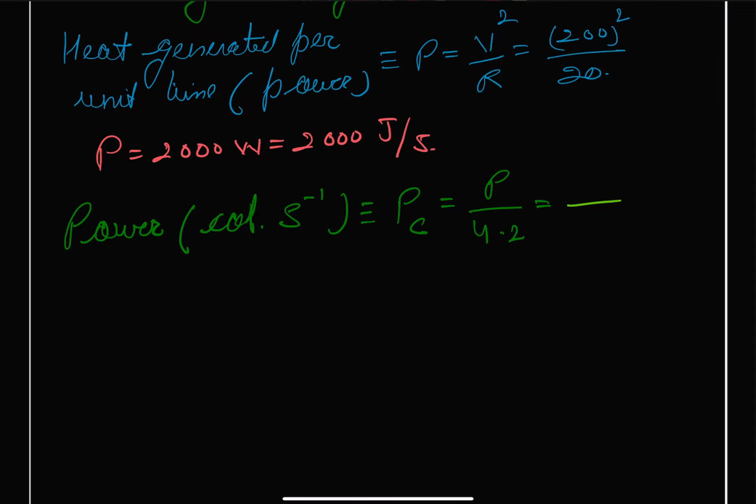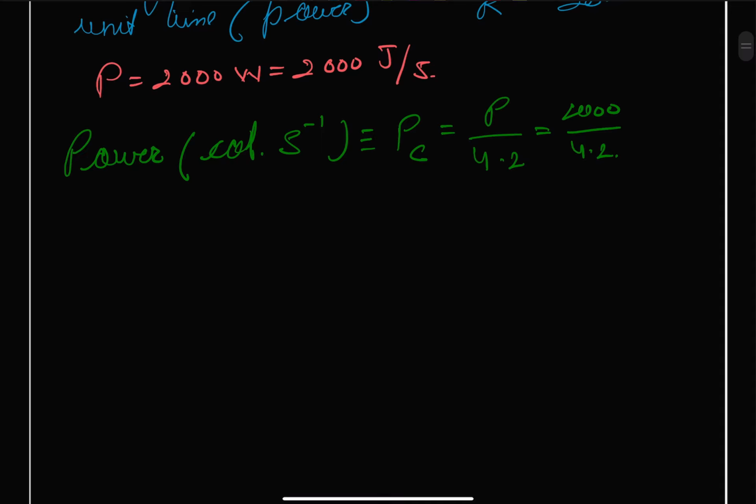So we get 2000 divided by 4.2. This gives us that the power in calorie per second is approximately equal to 476.19 calorie per second.